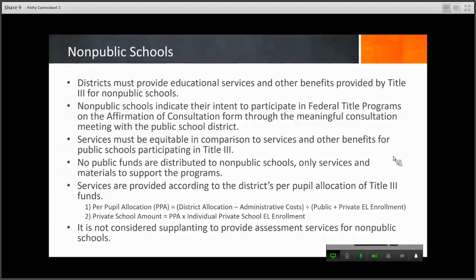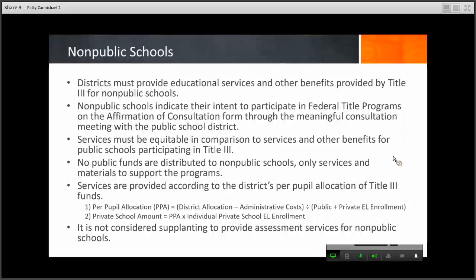So most often I can tell you that public schools will provide assessment services for non-public schools because that is allowed under the law. Although in general for public schools that would be a supplanting issue, but providing it for non-public schools is allowable under Title III.